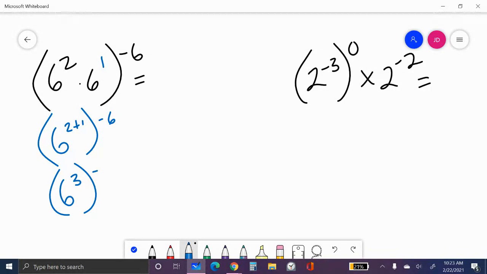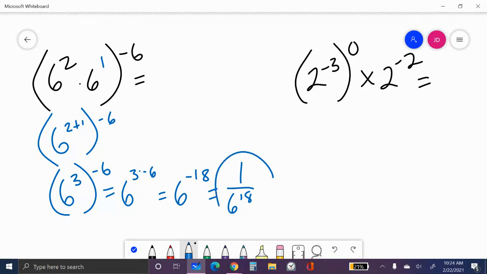To the negative 6, power to a power. 6 to the third times negative 6, which is 6 to the negative 18th. And when I simplify that, I flip it and make it 1 over 6 to the 18th.